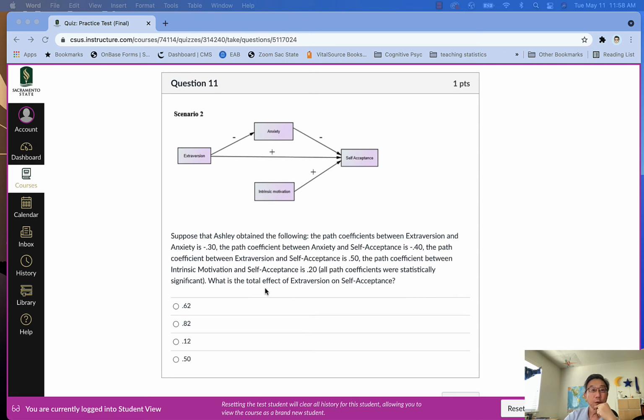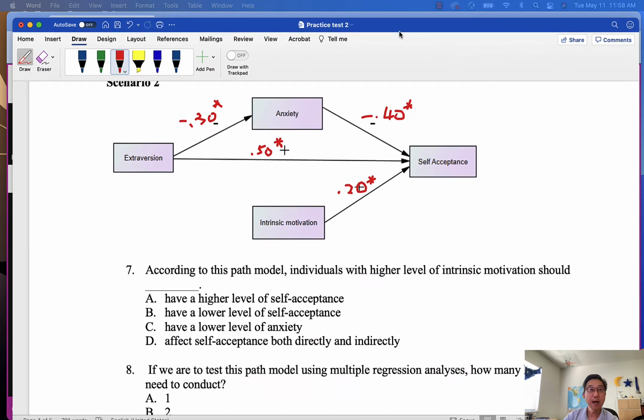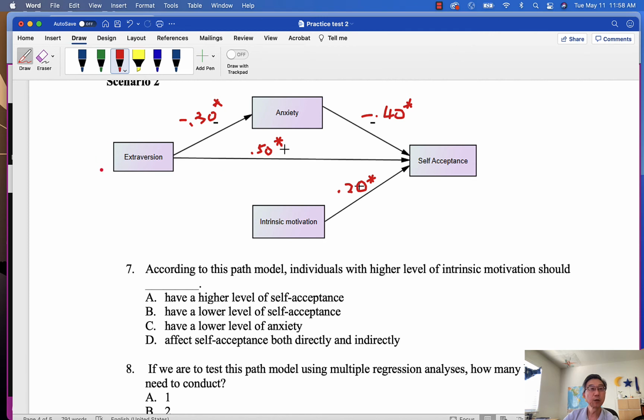What is the total effect of extroversion on self-acceptance? Now, there is a direct effect, and there is also an indirect effect that goes through anxiety, right?